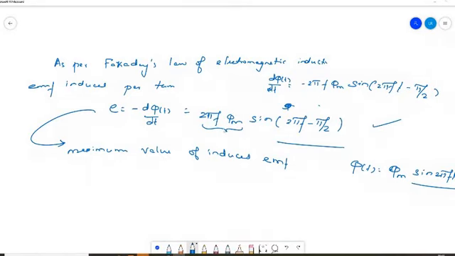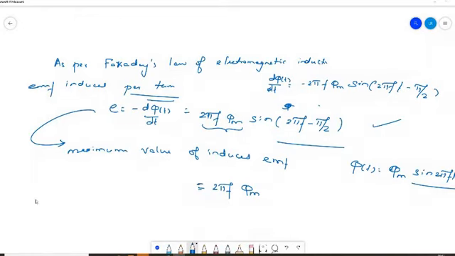This is nothing but the maximum value of the induced EMF, 2 pi f phi m. And remember, all this is for a particular turn of the coil. Now the question arises, what will it be for n number of turns? Obviously, you will have to multiply it by n.